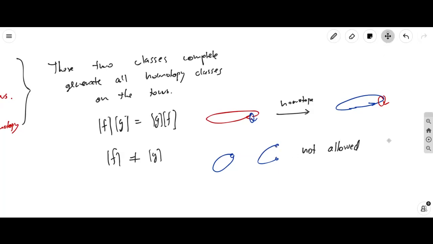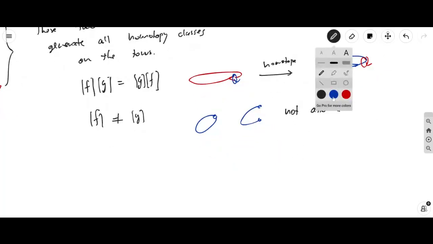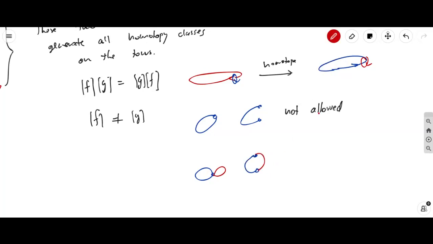However, if you have two loops coming together, some kind of loop like this and another loop like that, you can now open them up for the simple reason that it stays as a closed path. You open them up, move them around in a certain clever way, and rearrange them so that you interchange them.